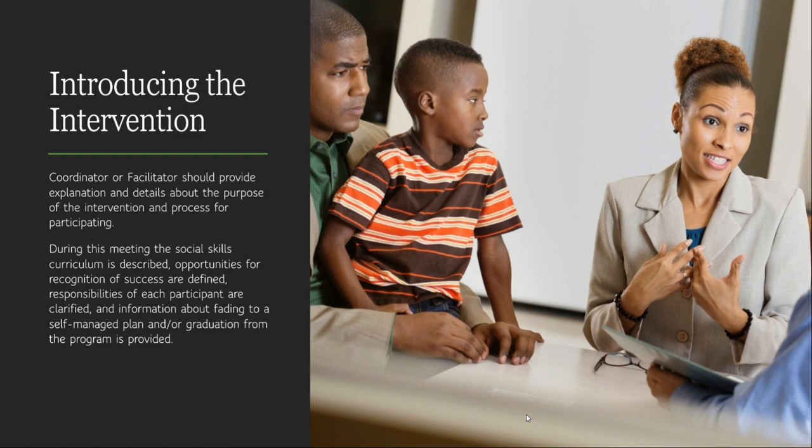They're going to talk about the opportunities for recognition of success and what those look like. They're going to talk about the responsibility of each participant and that those roles are going to be clarified. And then the information about how that student will be faded to a self-management plan or how they will be graduated from the intervention is going to be provided.